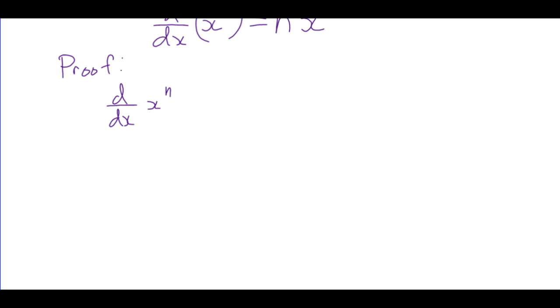Well, that's the limit as h approaches 0 of f of x plus h minus f of x over h, right? And f of x plus h is x plus h to the n, right? And we just did it with 4, minus x to the n over h. So now we're just doing it in general.